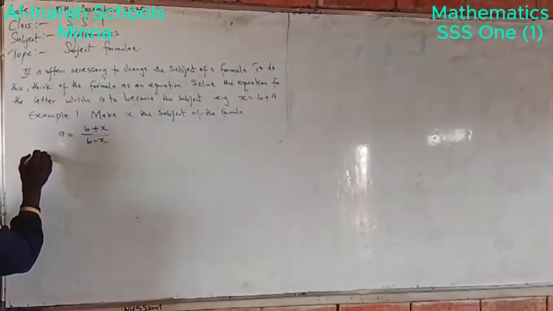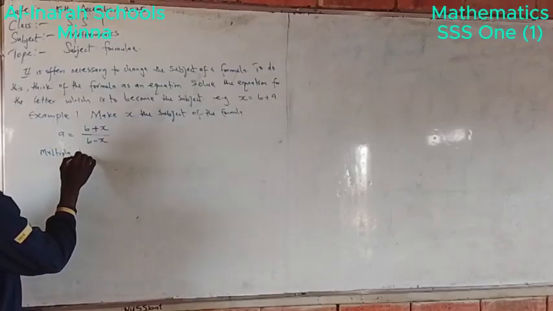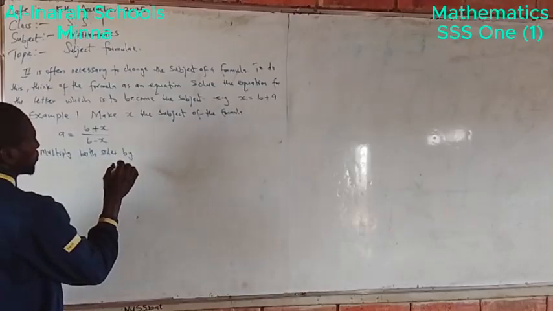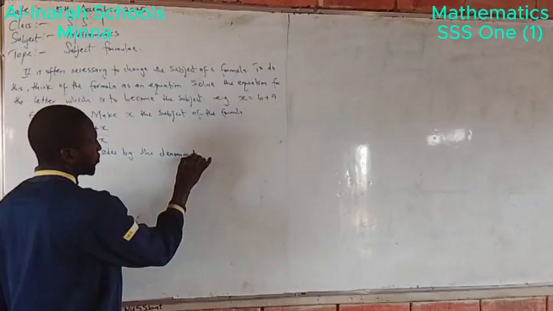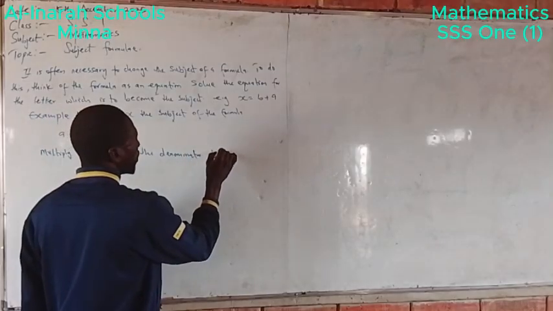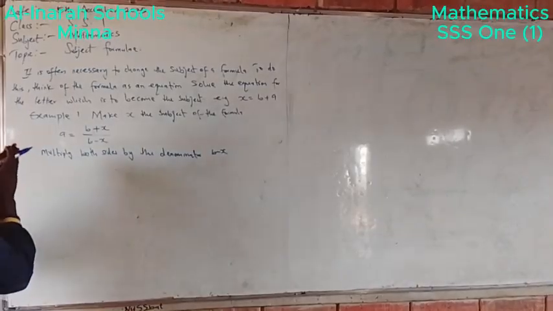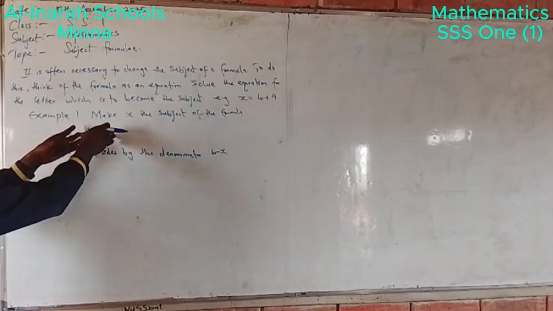Now, we'll start. Multiply both sides by the denominator, which is b minus x. As I said earlier in our previous class, x stands on its own, y stands on its own.